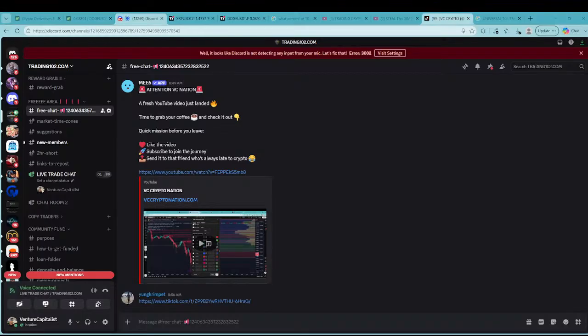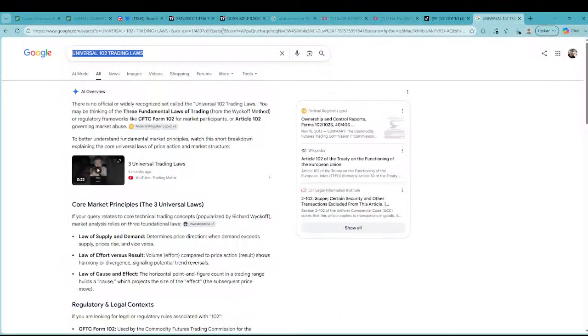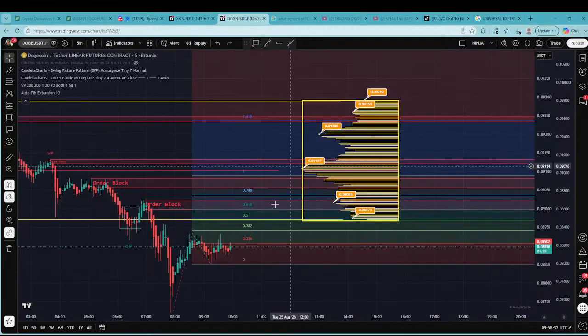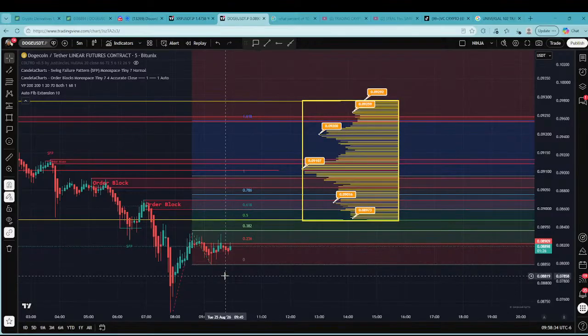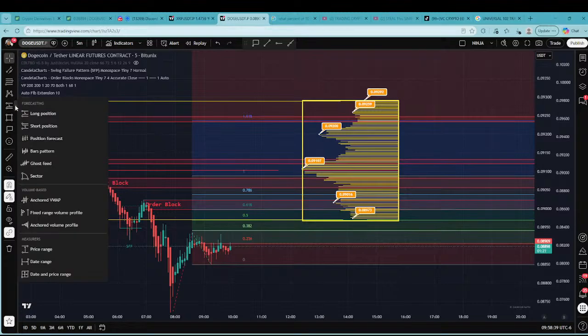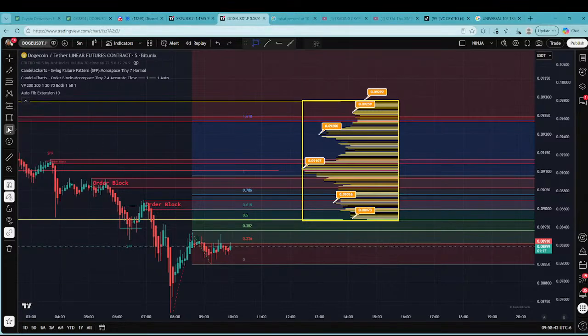All right, so we got all that set up. So this right here is on what we would call the third move, right? So we have a first move up, there's a pullback, and then that pullback would be the area that we would be considering to be entries, right?